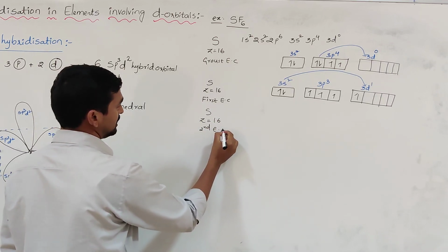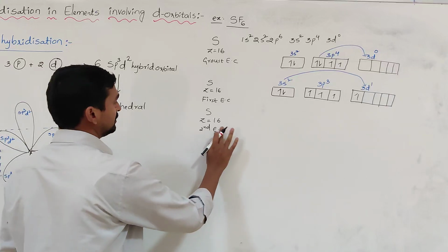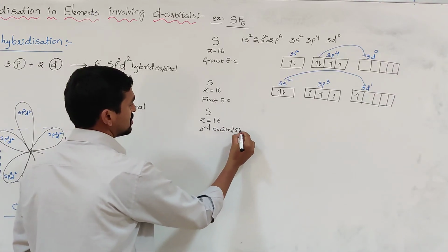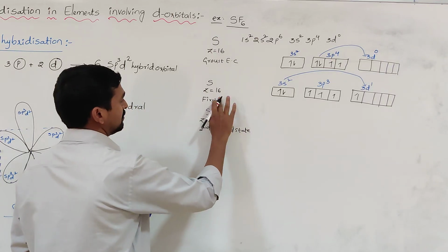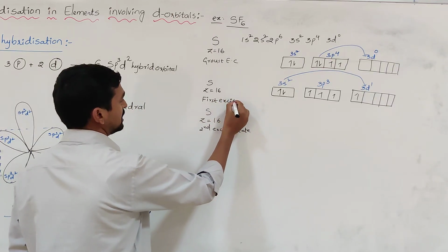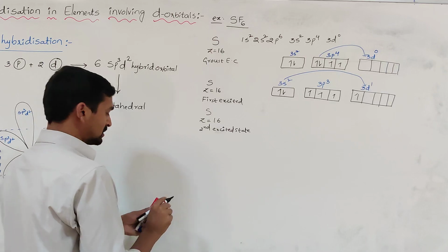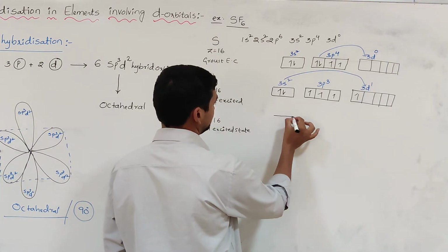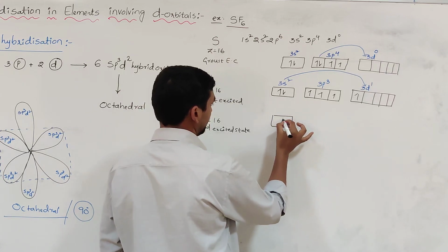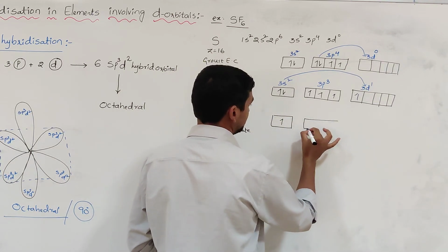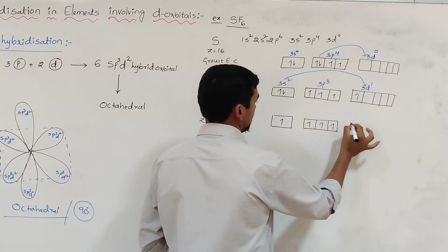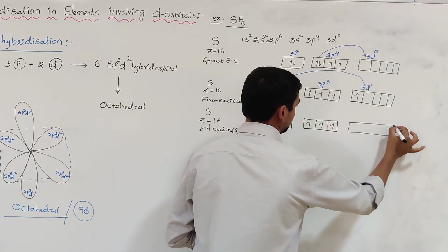The second excited state electronic configuration is 3s1, 3p3, and 3d.